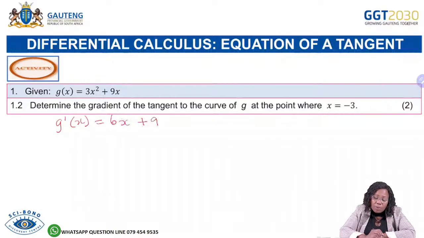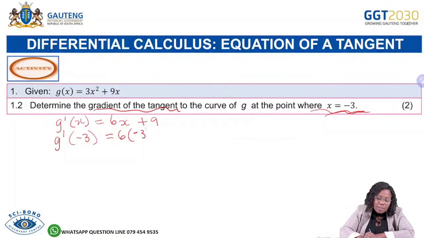But now, they say we must look at the gradient of a tangent at the point where x is equal to minus 3. So we are going to substitute our x with minus 3 because it's given as minus 3 there. That will be 6 into minus 3 plus 9.